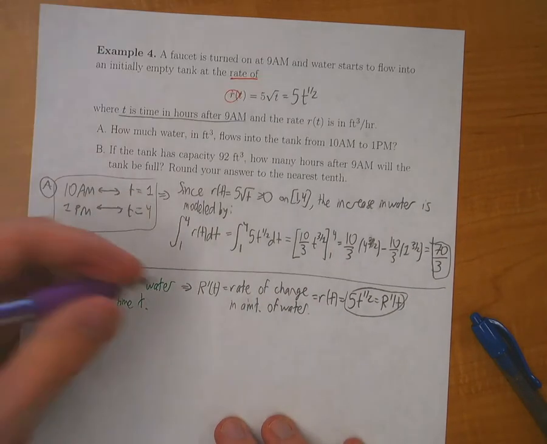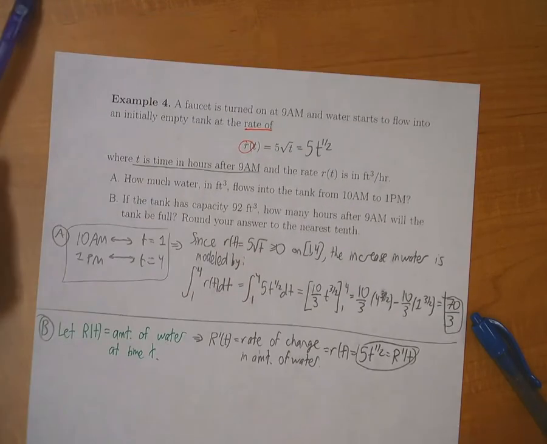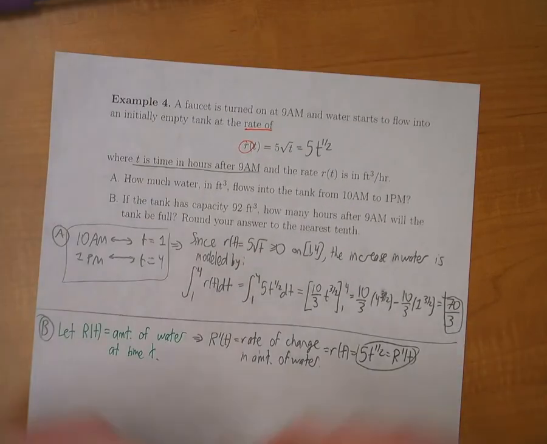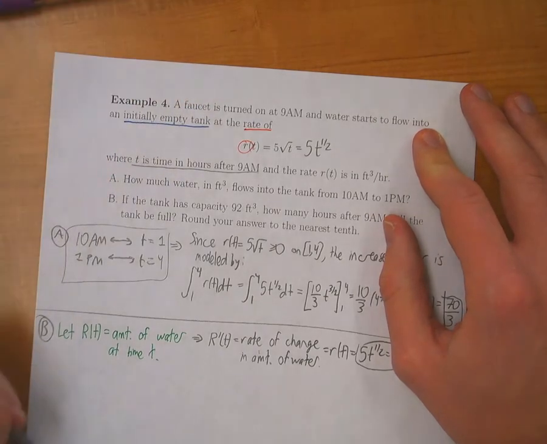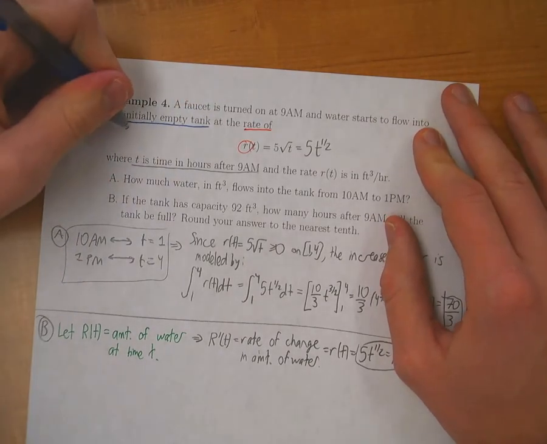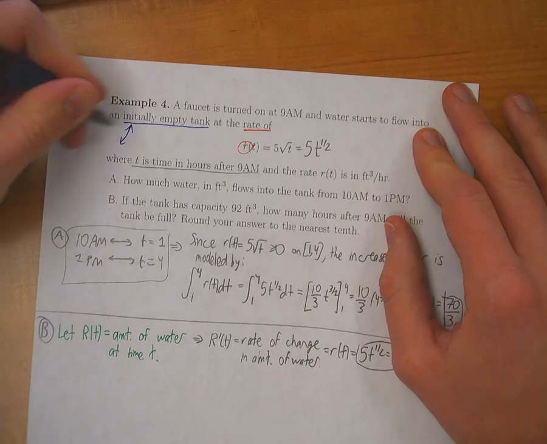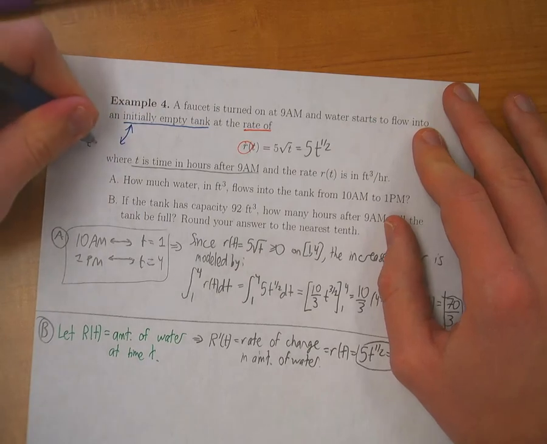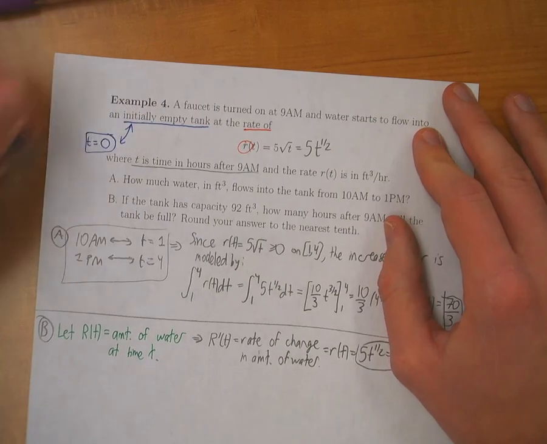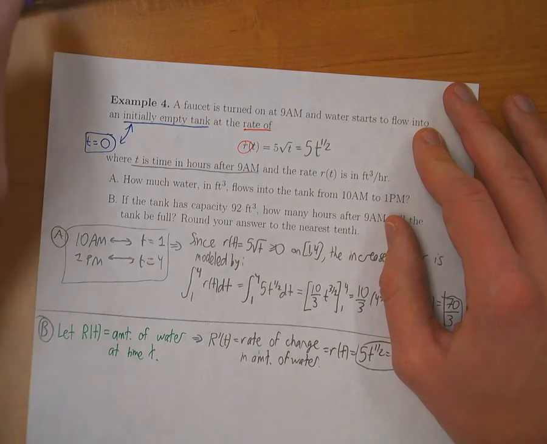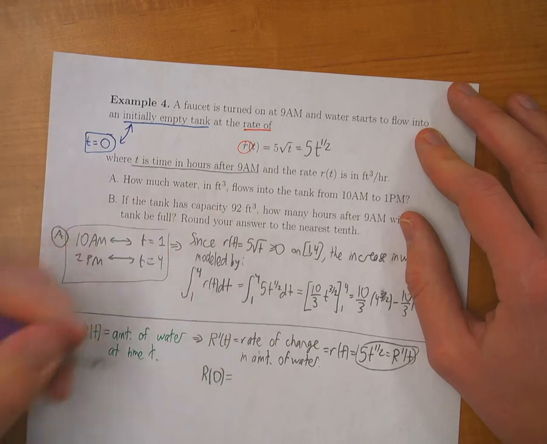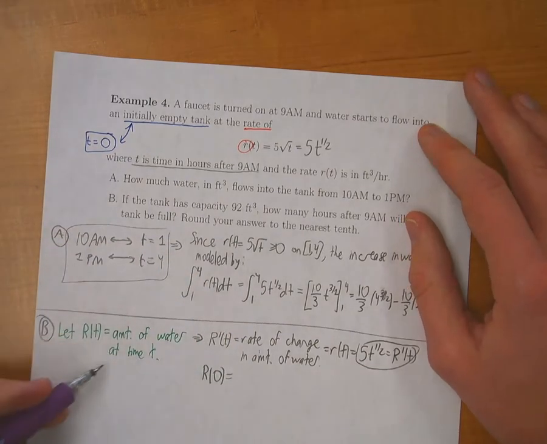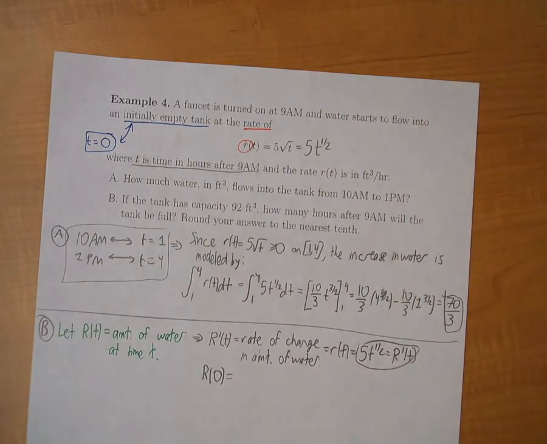We have another data point. If you take a look back at the first sentence, the problem states that the tank is initially empty. Remember, the word initially should immediately ring that you need to be working with t equals 0 here. So R of 0 should be equal to what, if R of t is the amount of water at time t? 0.